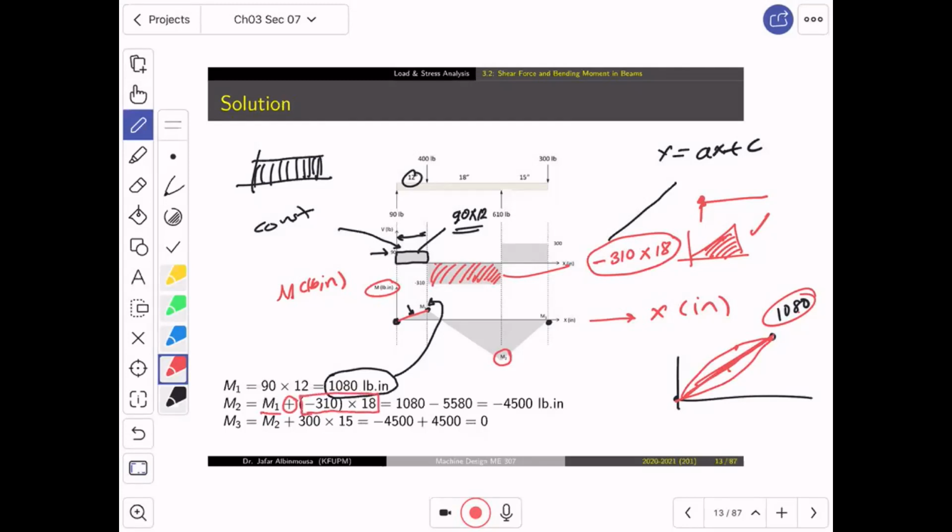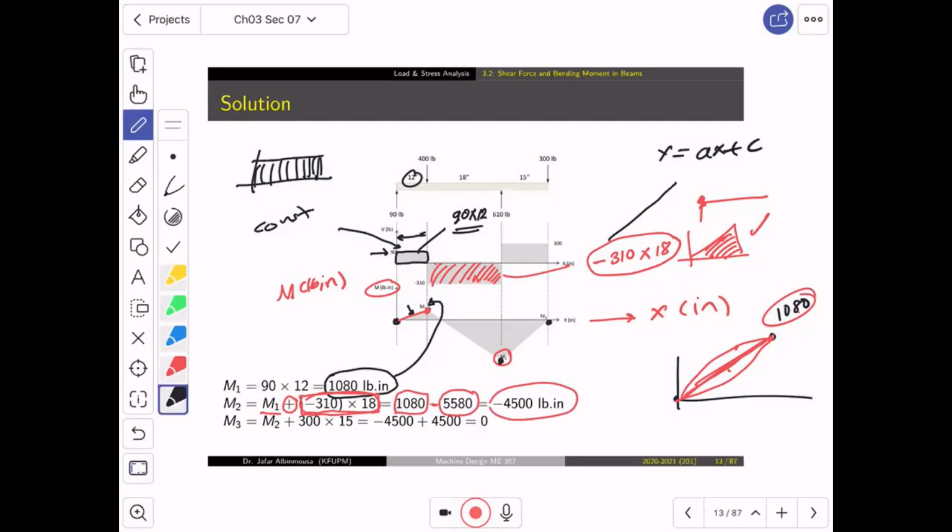Do you see this? You have to understand that you will start from this point and add it in. So what happened? You have 1080 minus the multiplication of these two numbers, which is 5,580. If you subtract them, you will get minus 4,500. This will give you the point right here.